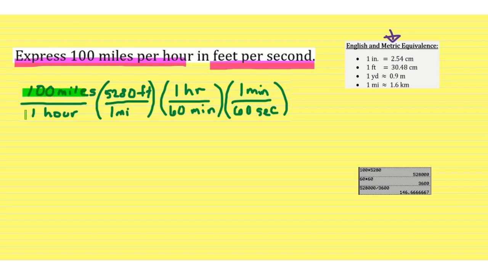So I've got 100 miles per hour, but I want to get from miles to feet. So that means that I need to eliminate miles, miles and miles. And I need to remember that 5,280 feet are equal to 1 mile. That gives me my conversion factor so that I can eliminate miles. But I also need to eliminate hours because the hours are going to go to seconds.